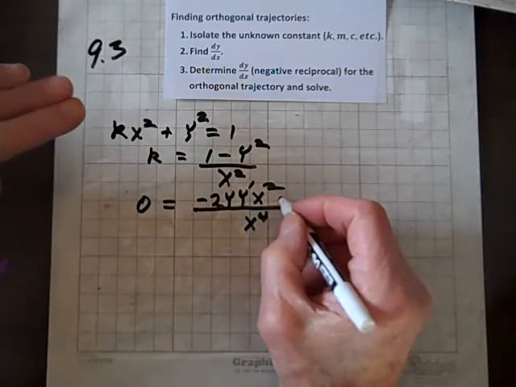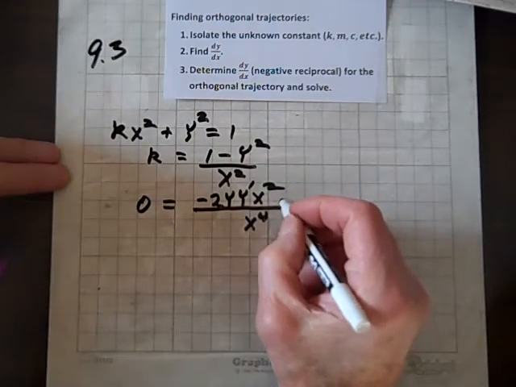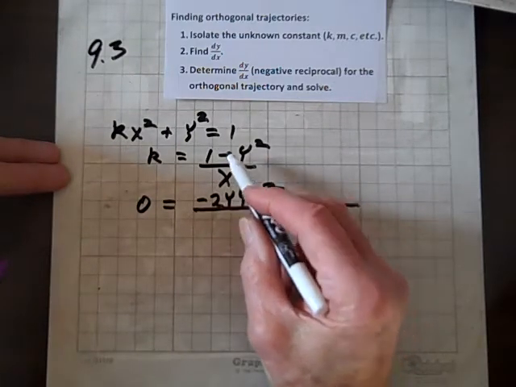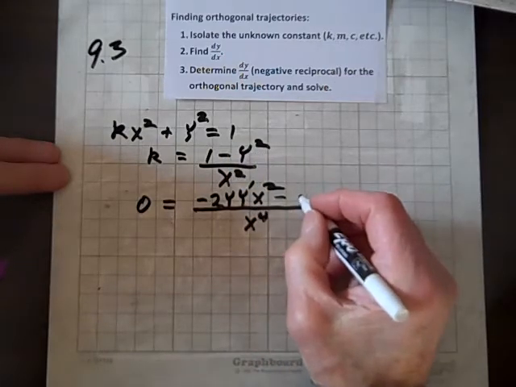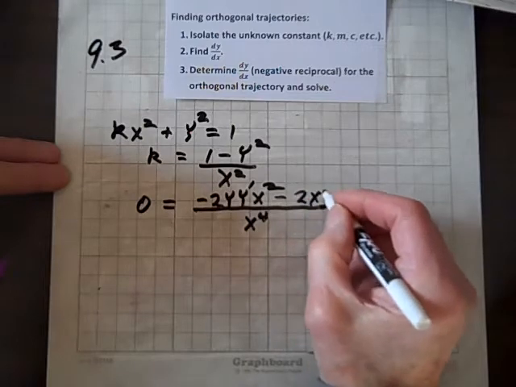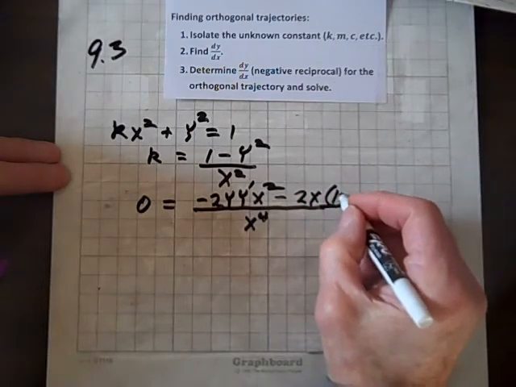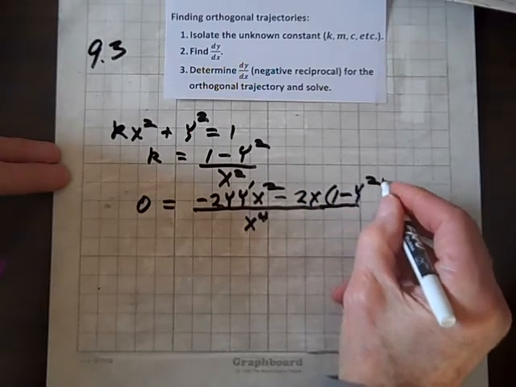And now, we're taking the derivative with respect to x. Now we'll hold 1 minus y squared constant and take the derivative of x squared, which is 2x, and that's times 1 minus y squared.